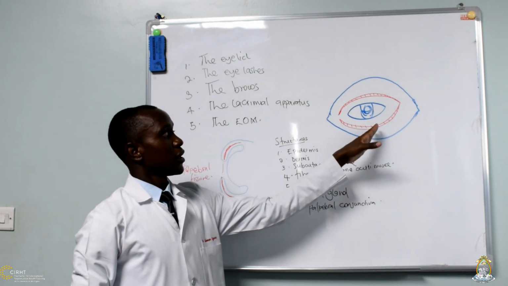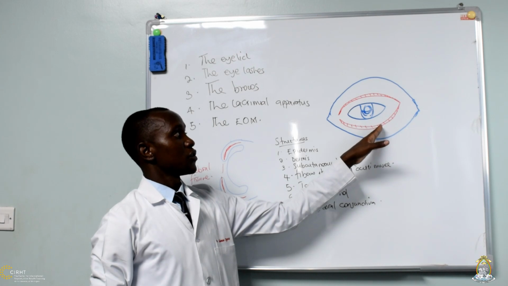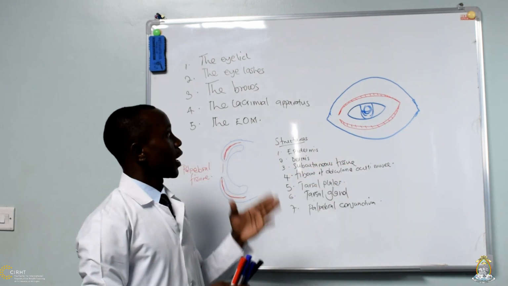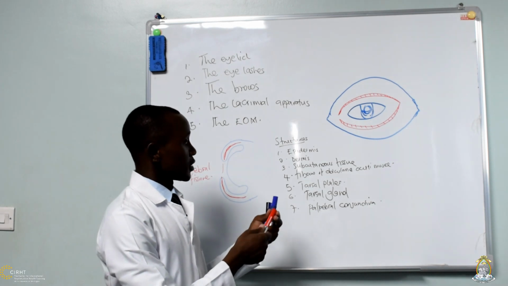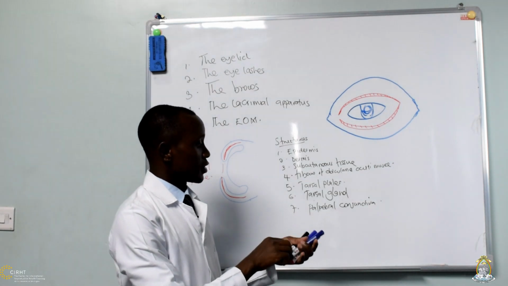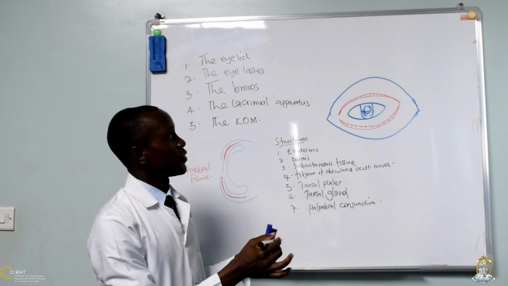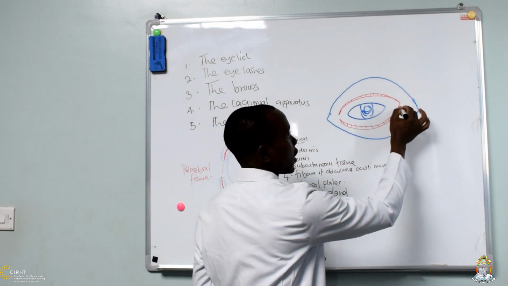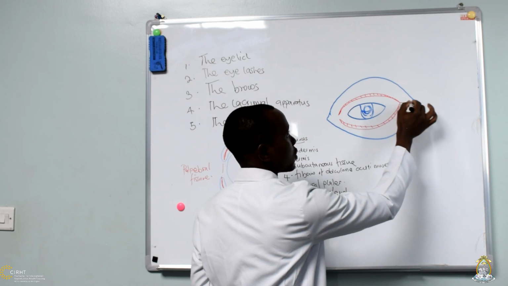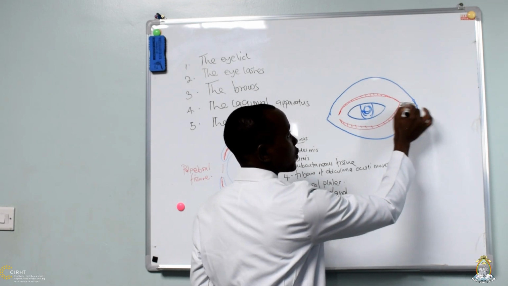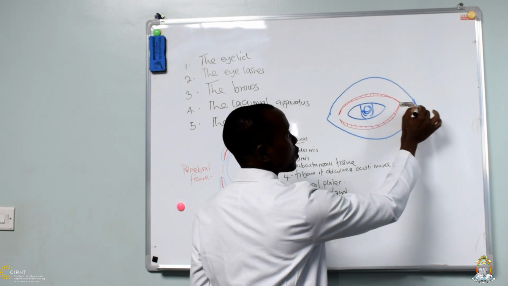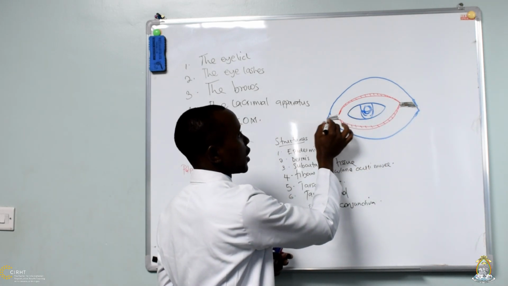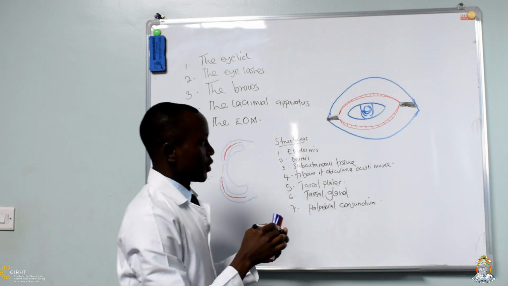Remember, it is made up of dense connective tissue, and it is the most important part that supports the eyelid. Now, these tarsal plates are not just hanging in space. They also receive support from a ligament, which is a layer of fibrous tissue. We have this fibrous tissue that connects it to the medial wall of the bony orbit, and another fibrous tissue that connects it to the lateral wall of the bony orbit.